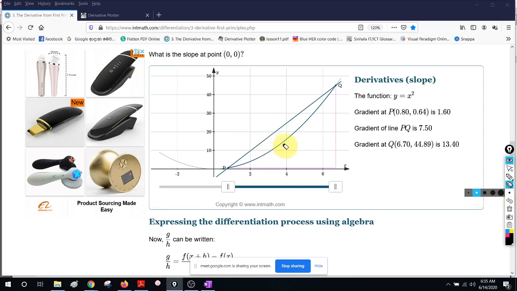Assume that I want it here. This is the point I am interested in, so it is going to be a tangent at that point, something like this.